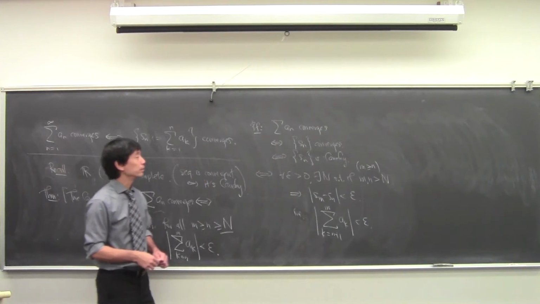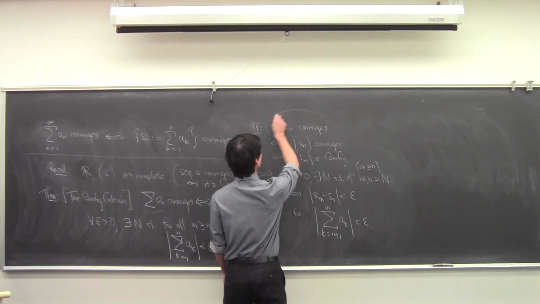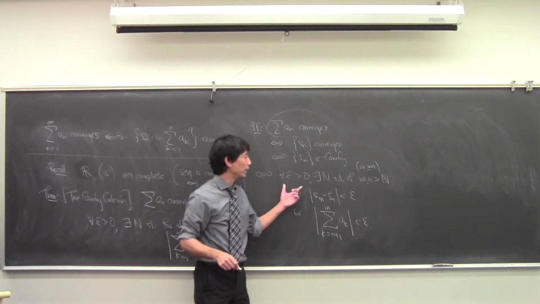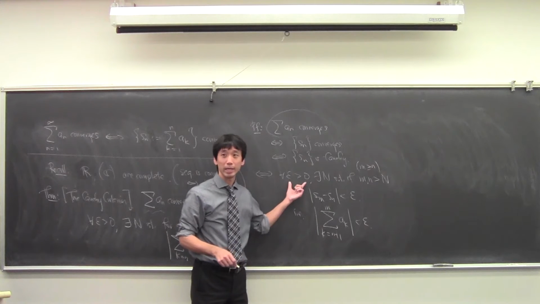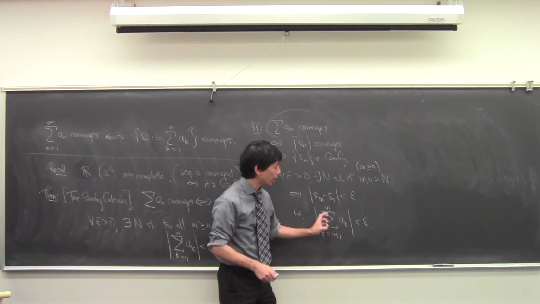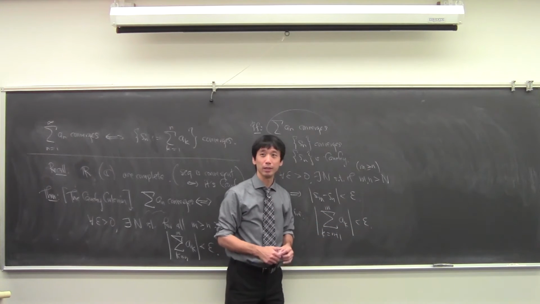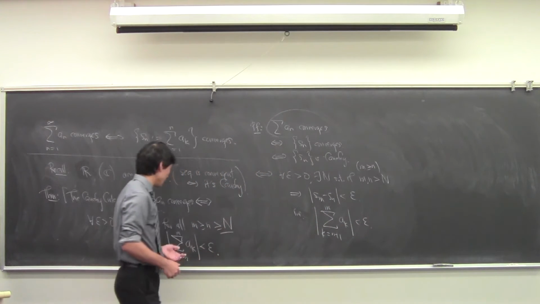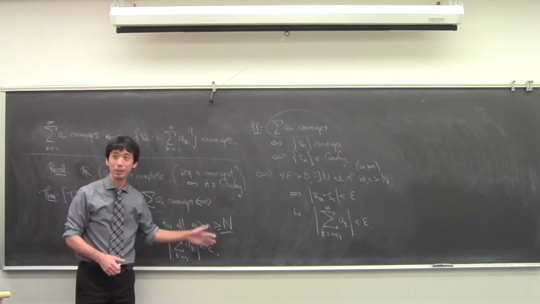So for the series to converge is the same thing as requiring that given any epsilon, there's a time past which all partial tails are smaller than epsilon. I've got an n here instead of n plus 1, but it's exactly the same.